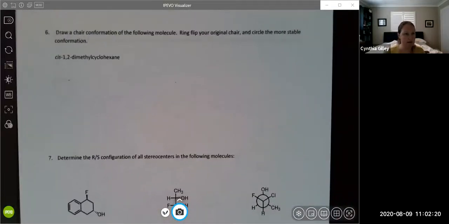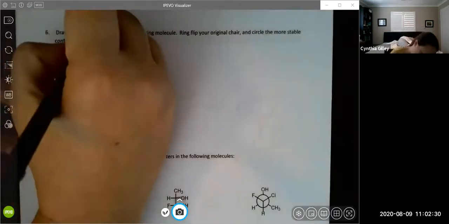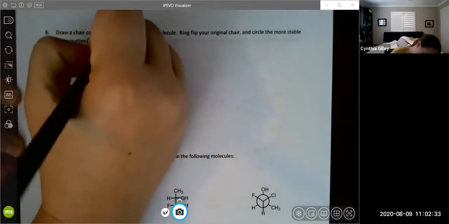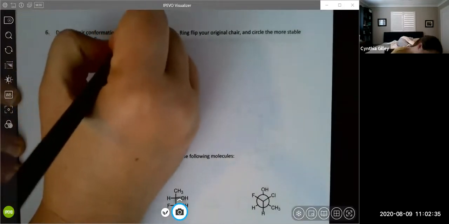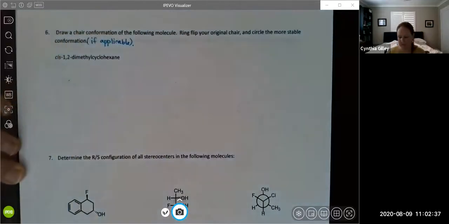Okay, the next question says, draw a chair conformation of the following molecule, ring flip your original chair, and circle the more stable conformation. And I added in the activity, if applicable, and we'll see why I added that.